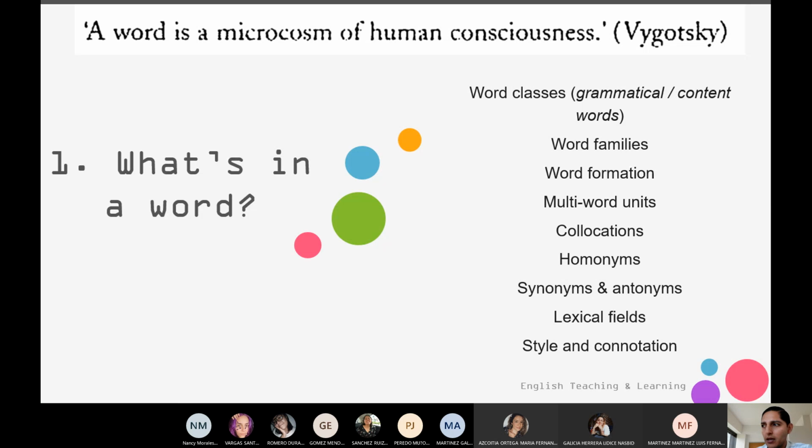Multi-word units could include phrasal verbs, idioms, even collocations. You have synonyms, antonyms, homonyms, the same word with different meanings, such as the word like.